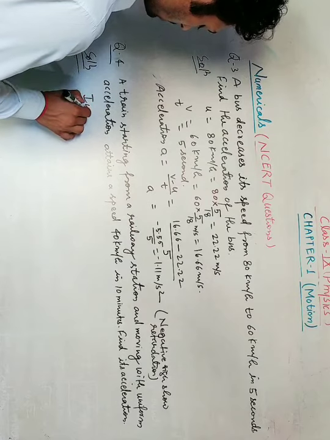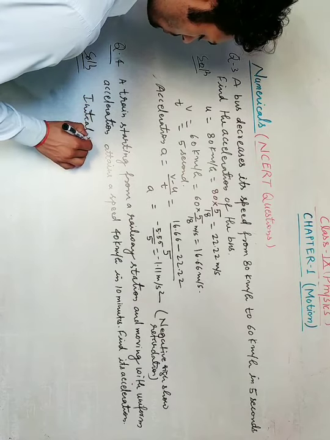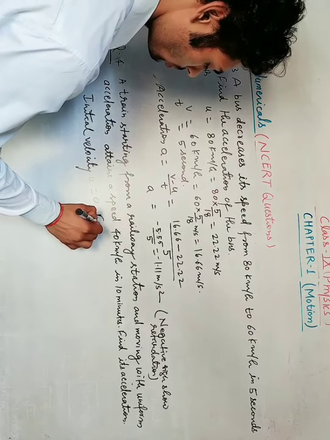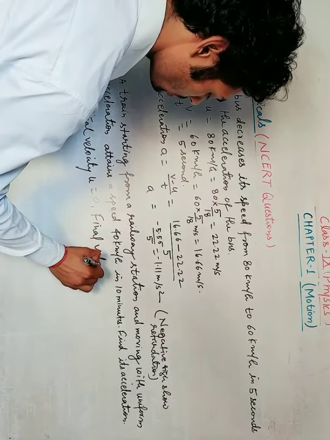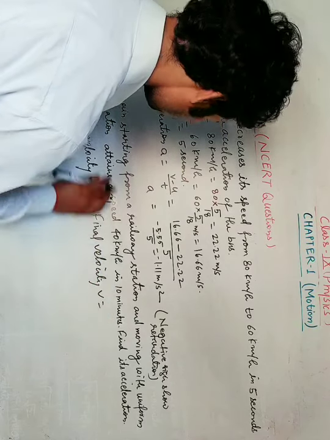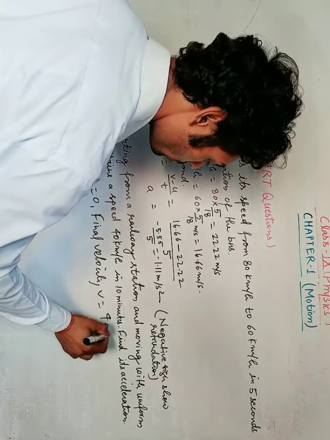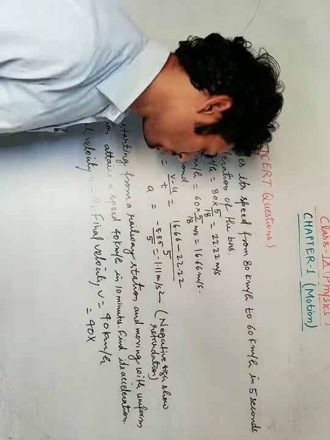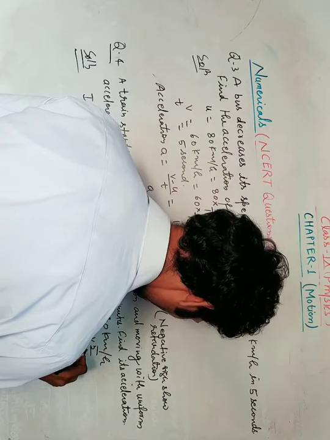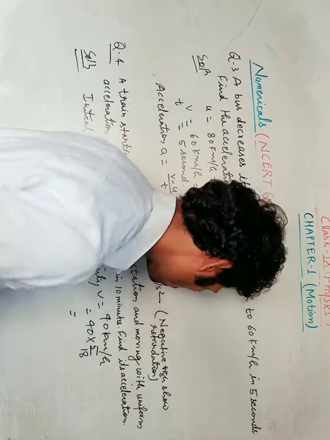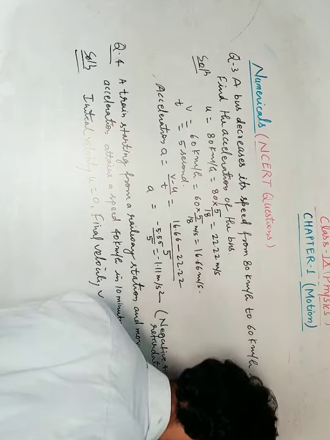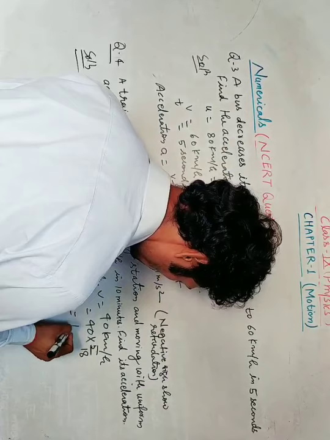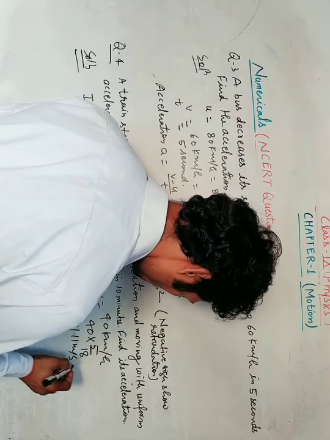But here initial velocity u equals 0 and final velocity v equals 40 km per hour, equals 40 into 5 by 18, which equals 11.11 meter per second.